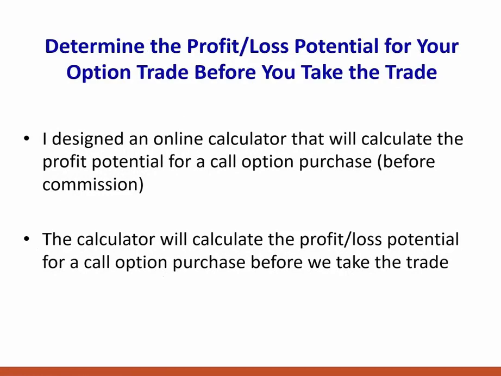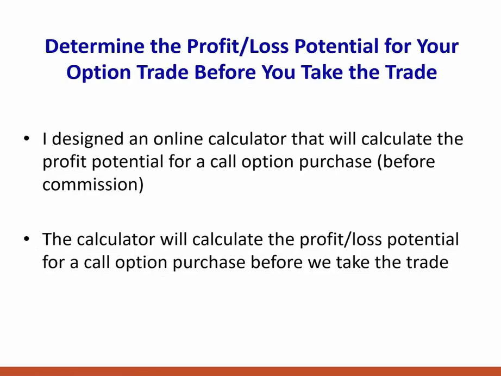Now, I designed an online calculator that will calculate the profit potential for a call option purchase before commissions, and the calculator will calculate the profit loss potential for a call option purchase before we take the trade.